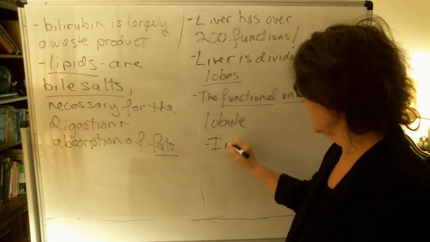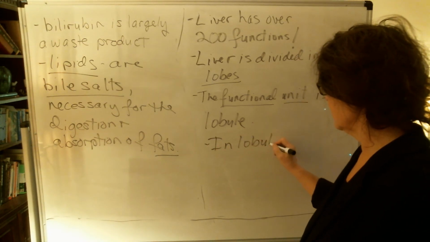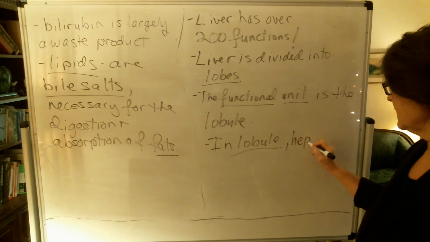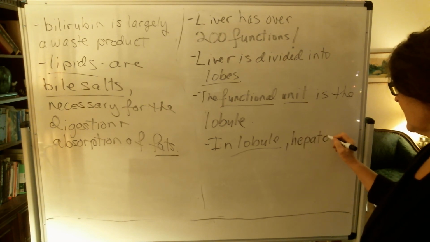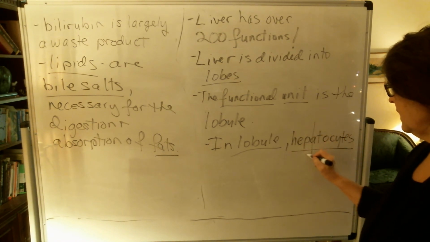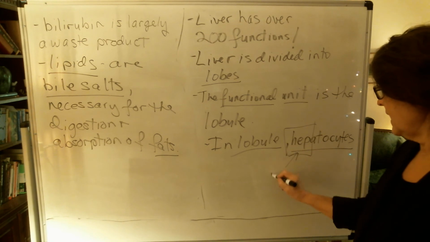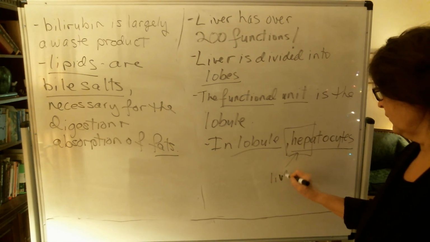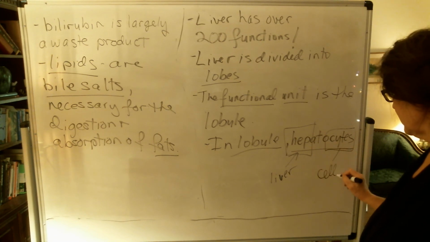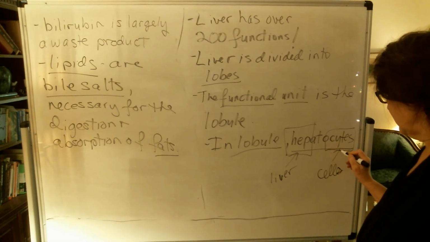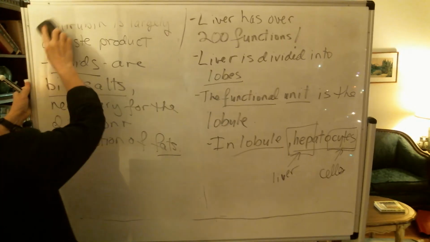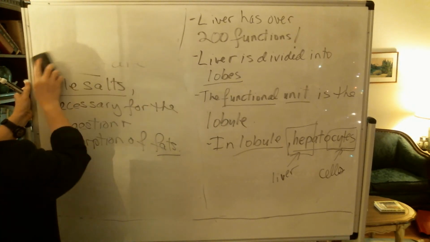And in the lobule, then, cells called hepatocytes. So take a look at the word where you see hep. That has to do with the liver. And cyte, of course, means cells. So in the lobule, then, you have hepatocytes, liver cells.